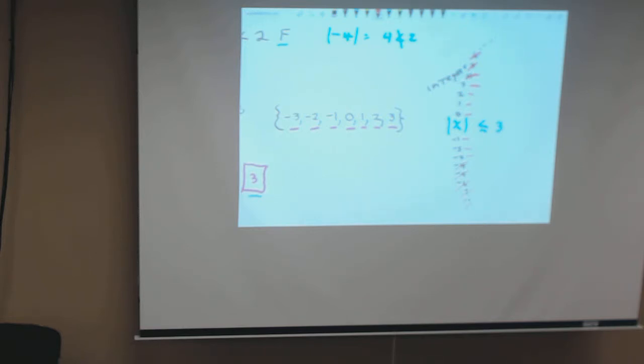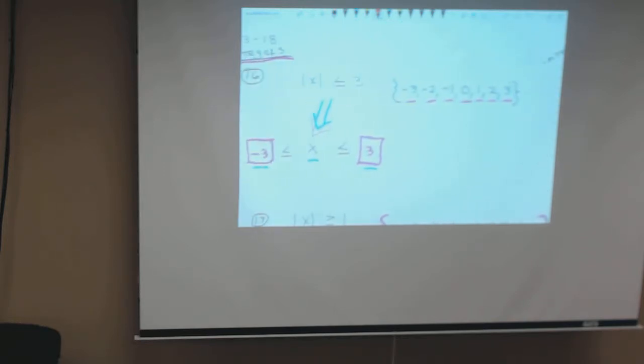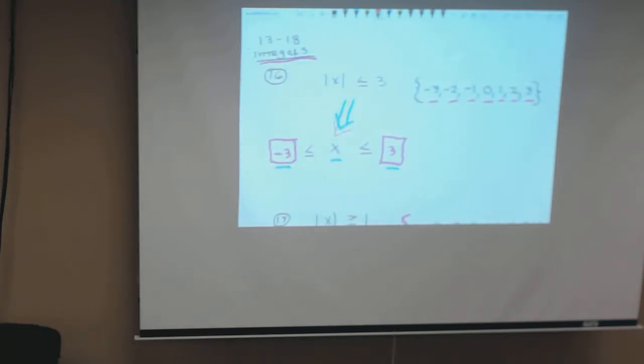So, instead of doing this every time, you go, you know what's going to happen? When you have the absolute value of a number being less than or equal to something, it's going to be between the negative of that number and the positive of that number. And there it is, right there between.